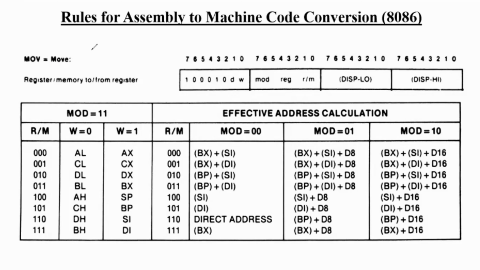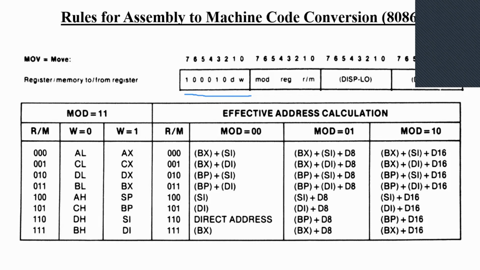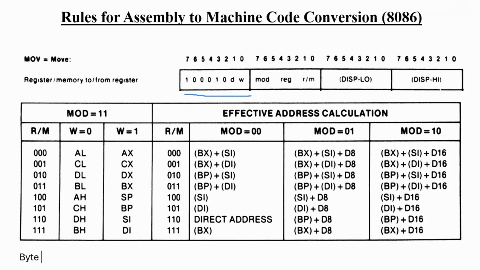If we check the format, the very first byte has three components. Let me write it. Byte 1 holds three components. The first is called opcode, which is given as a number of bits.